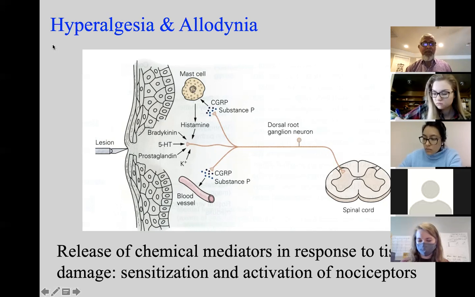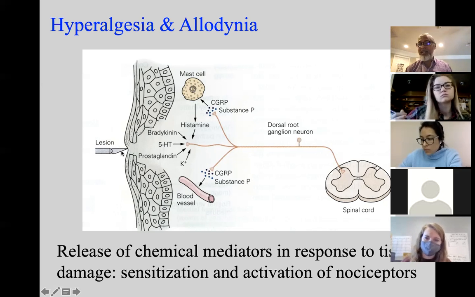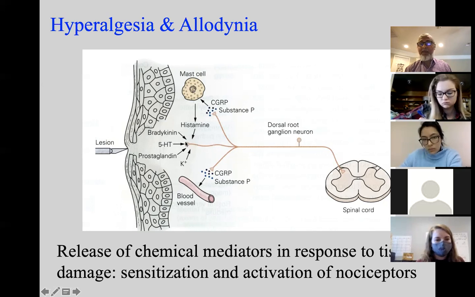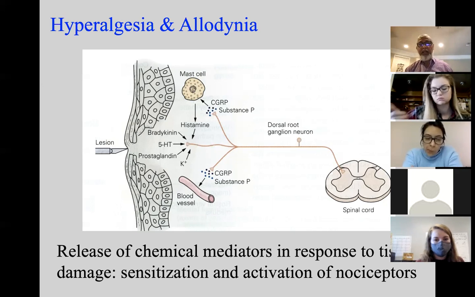Now look at this. This is a sharp, painful stimulus on the skin, right? In response to the stimulus, this is a pain fiber. This is supposed to be stimulated and carry the pain signal to the spinal cord, and eventually it goes to the brain and we feel pain. This process is complicated when a painful stimulus is applied on your skin, because some other things happen.